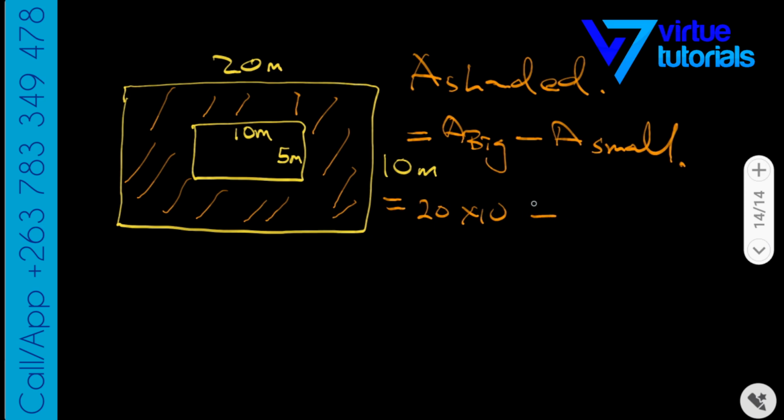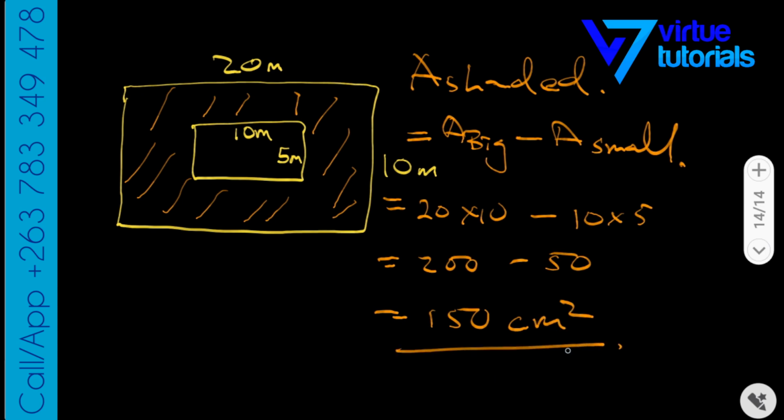And then the area of the small one is going to be 10 times 5. So this is going to be 200 minus 50, and this is going to give us the area of the shaded region as 150. Oh, did I say centimeters? It's actually meters squared. There. So you can try the questions on compound shapes.